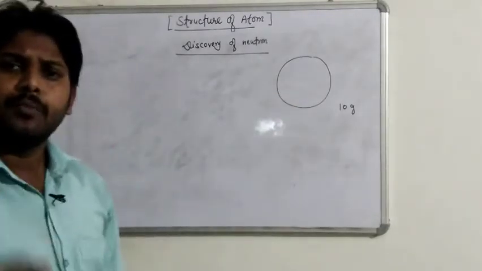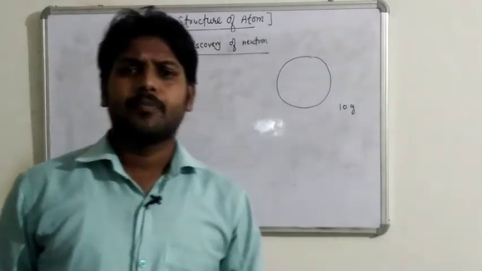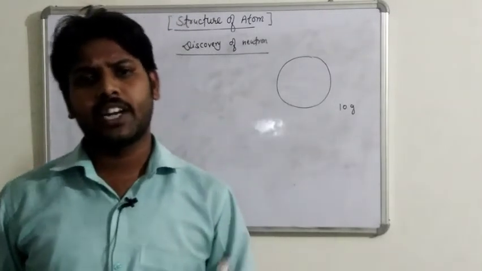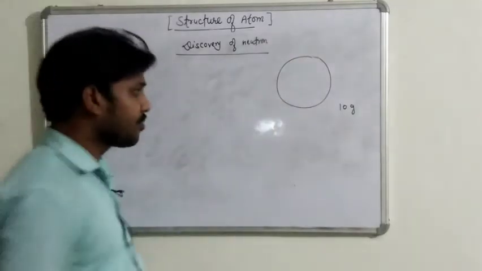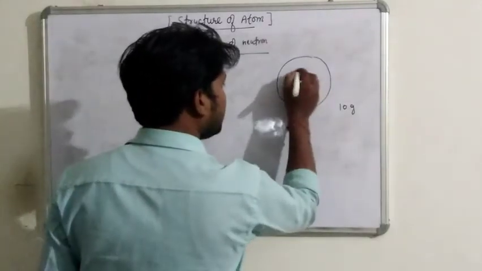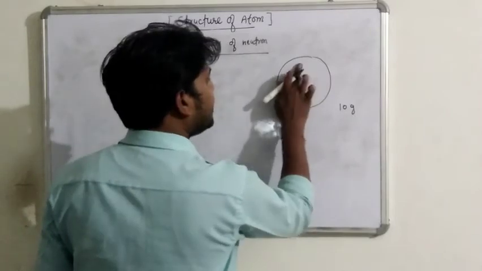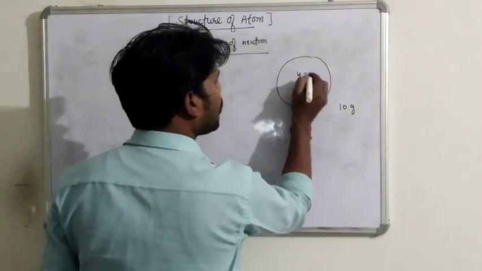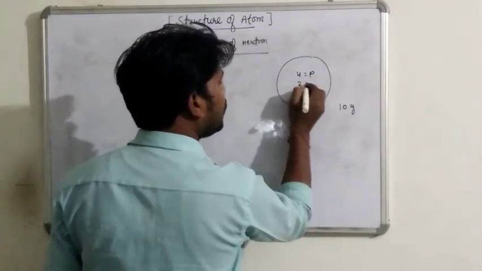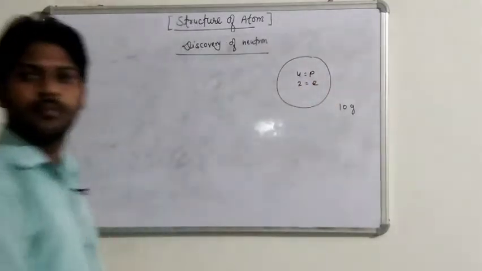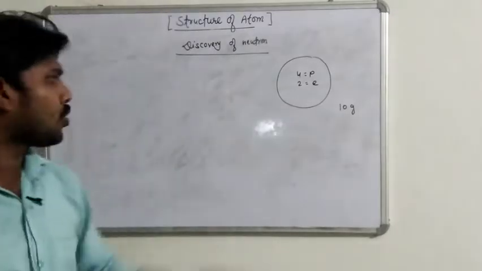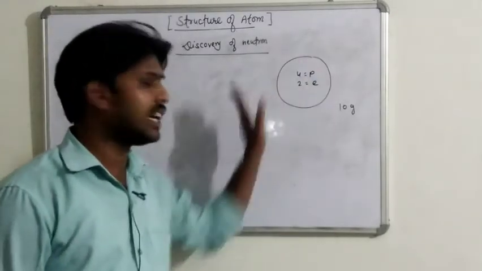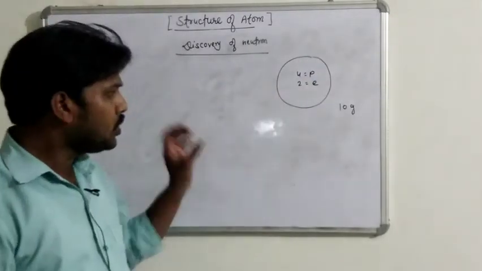Now, as I explained before, negative charge, meaning electrons, and protons are present inside the atom. Suppose there are 4 protons and 2 electrons present inside the atom.